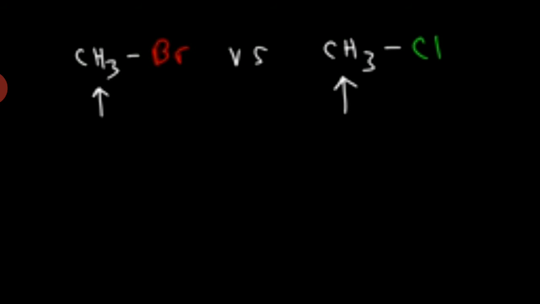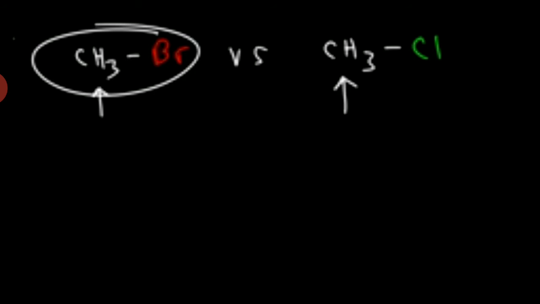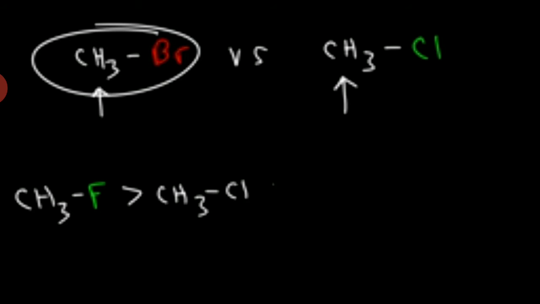Now let us talk about the electronegativity of the different halogens. As we know, chlorine is more electronegative than bromine, so because of the electron withdrawing effect, the methyl protons of CH3Cl will appear more downfield.